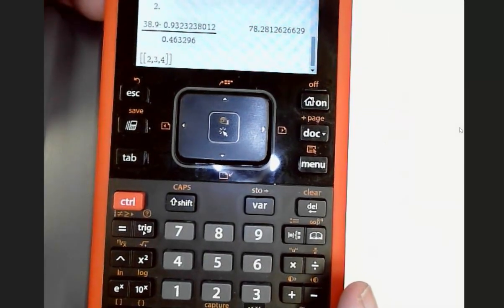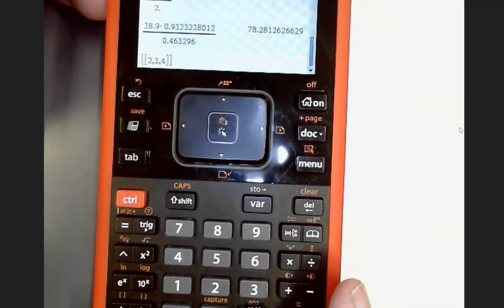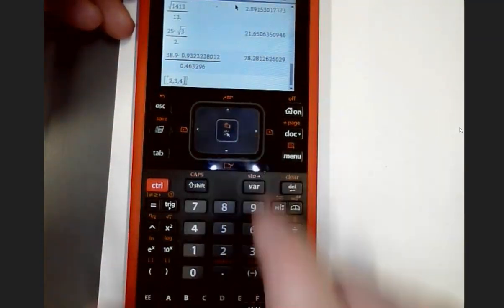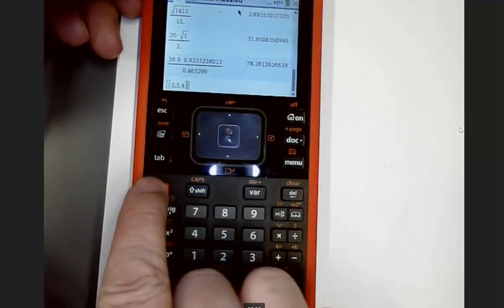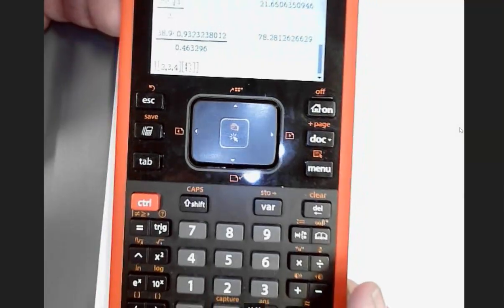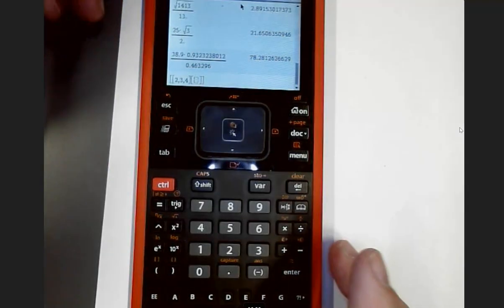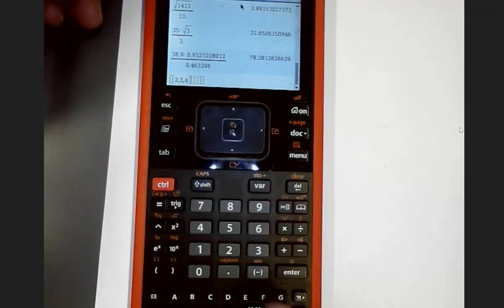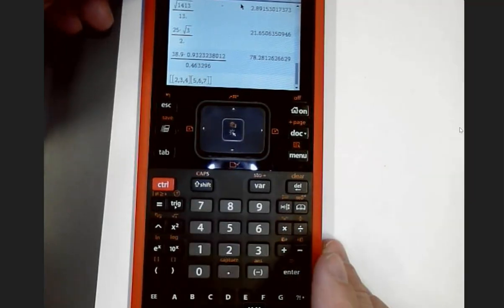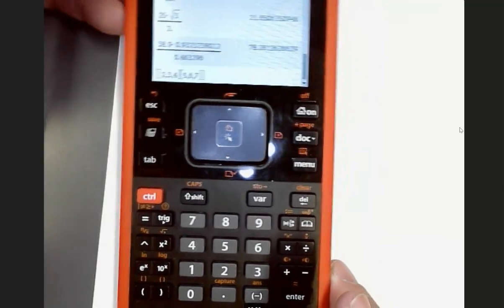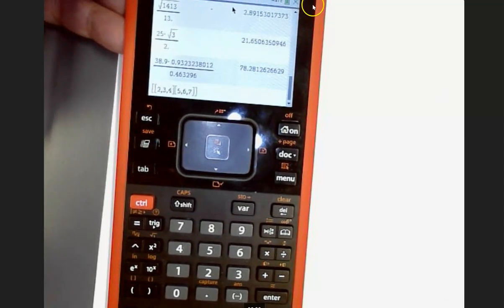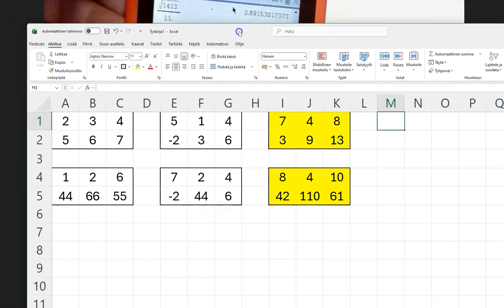So there is the first row of that example. Then I will go outside of that square bracket and take another, which gives me the possibility to write the second row, 5 6 7. So now I have typed the first matrix.